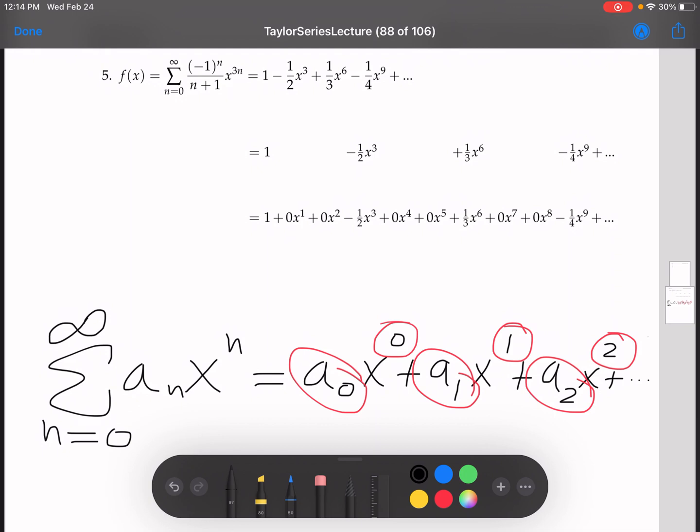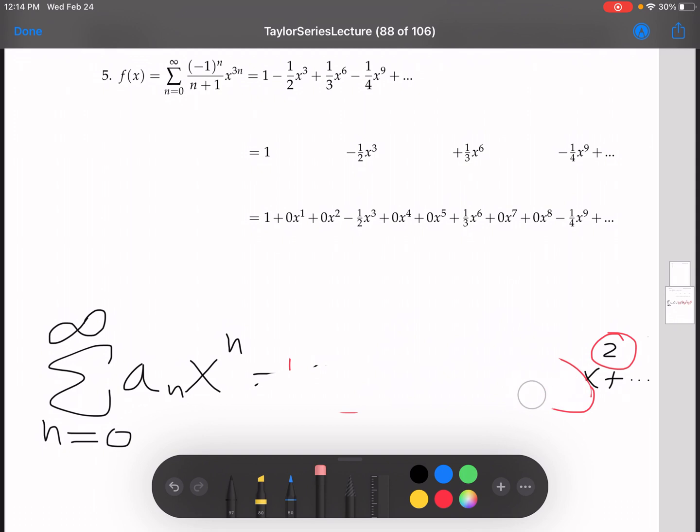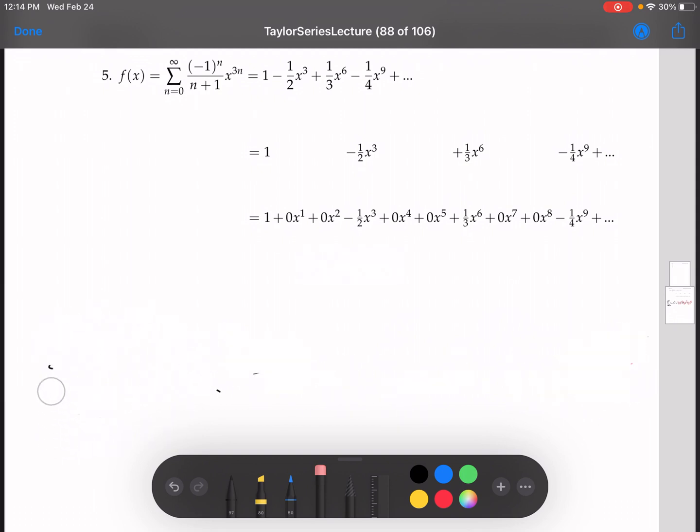All right, so here's the common misconception. Even though this is the n equals 0 term, this is the n equals 1 term, this is the n equals 2 term, and this is the n equals 3 term.